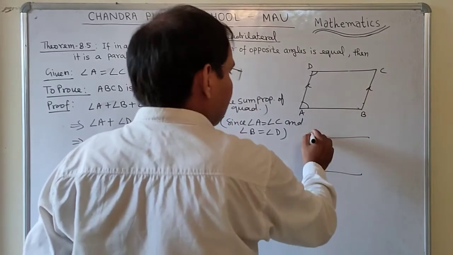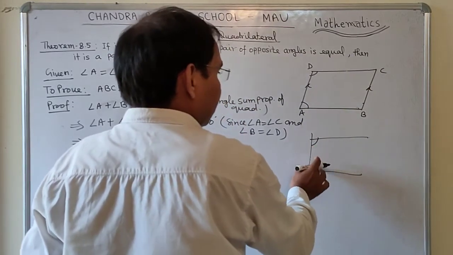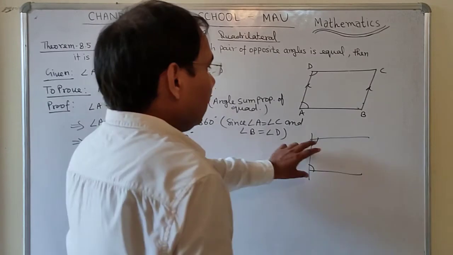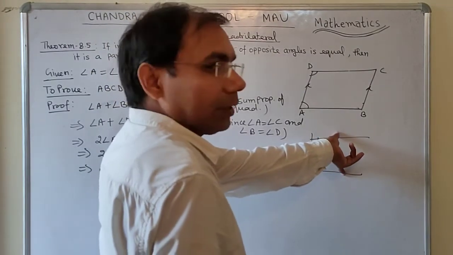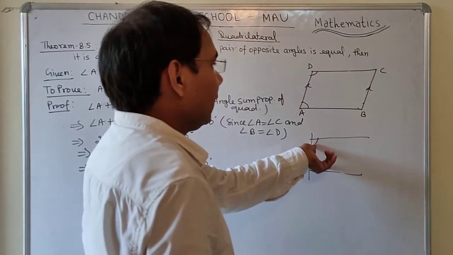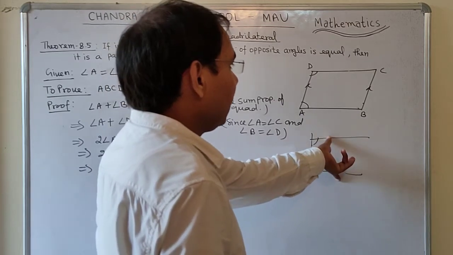Here these are the two lines, one line is intersecting and the sum of these two angles is 180 degree. So these are the co-interior angles for these two lines. So if the sum of co-interior angles is 180 degree, then these two lines are parallel.